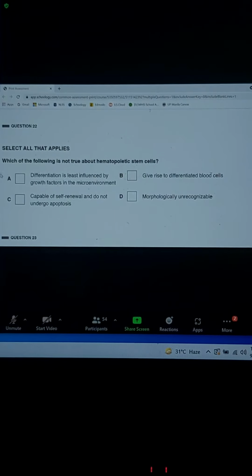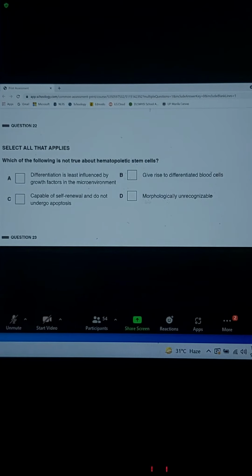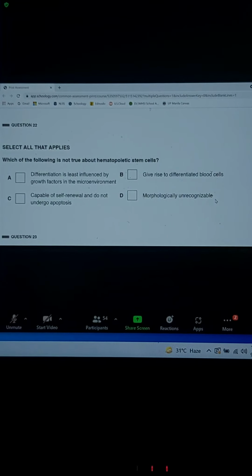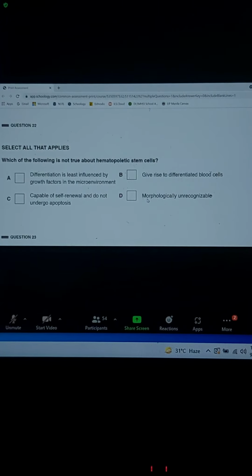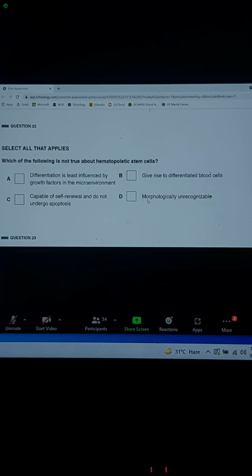So, the correct answers are letter A and letter C. Si letter D, this is also a correct statement because they are morphologically unrecognizable. So, you won't be able to differentiate which one will become a red blood cell, which one will become a granulocyte. Yeah, so they're morphologically unrecognizable. The correct answers are A and C.